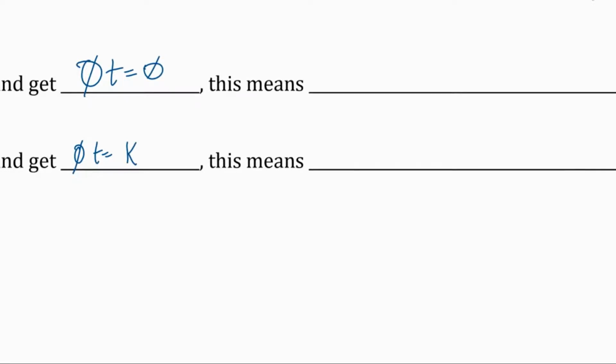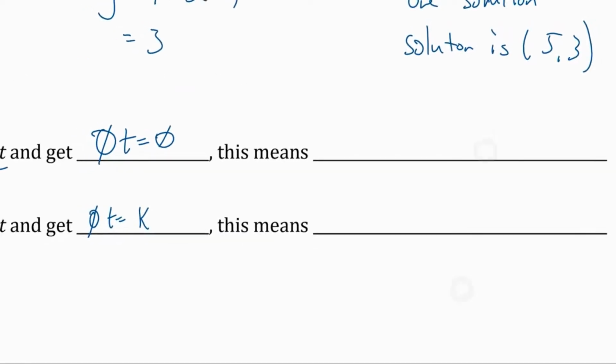We have seen these before, though we haven't seen them in parametric form. When we get these kinds of wonky things, we can interpret what it means, okay? And the way I like to think about this is 0t equals 0. This is always true. And 0t equals k. This is never true.